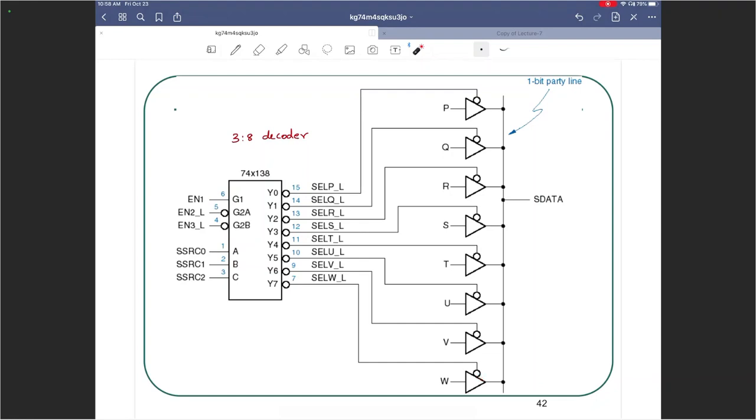I have 8 tri-state buffers here. Their inputs are some arbitrary input signals, PQR, earlier we used A, now we have PQRST, UV, W. And all those tri-state buffers are trying to write to the same wire, S, or serial data, S data.